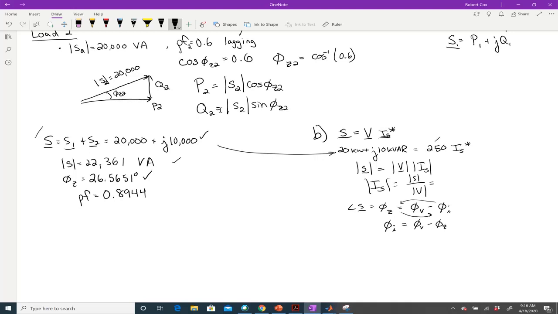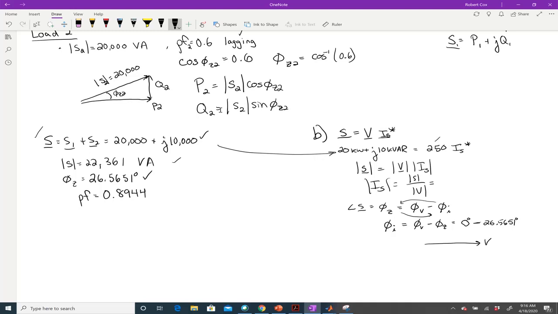In this case, I have 0 degrees for my voltage, minus phi Z, so that becomes minus 26.5651 degrees.